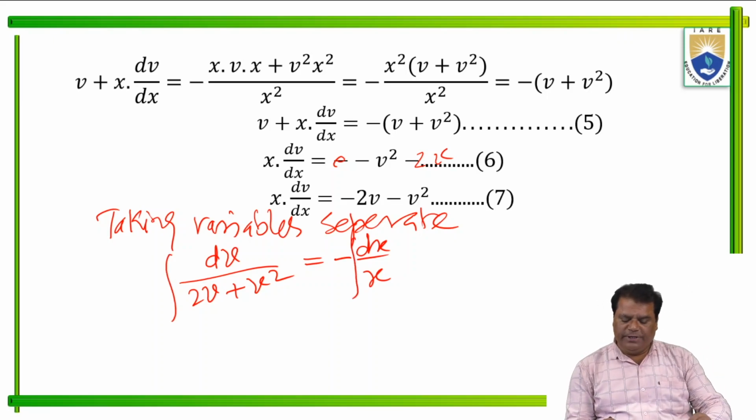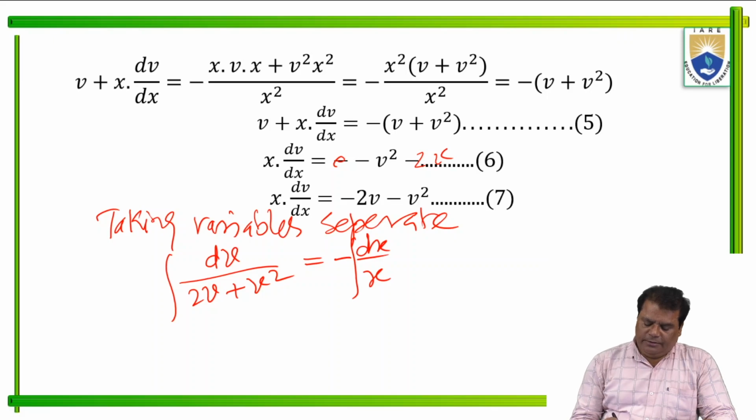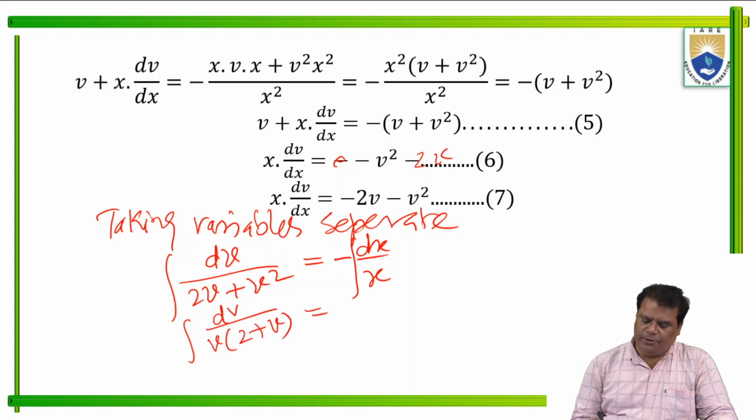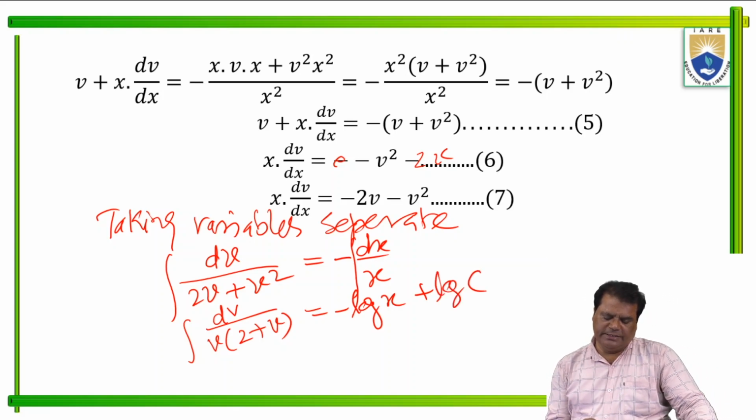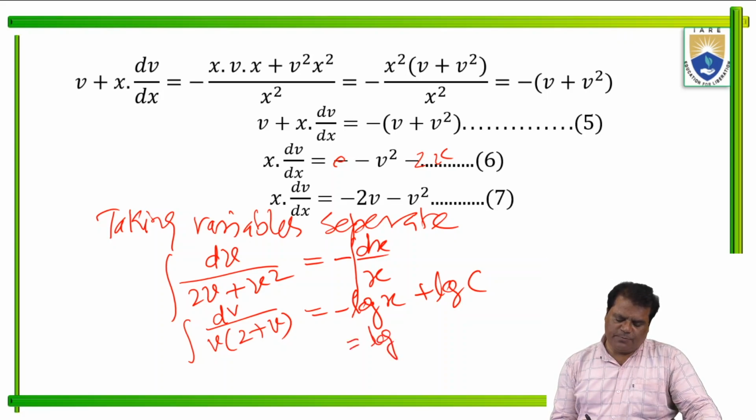So now how can we integrate this? So this result is dv upon v, where v is common, 2 plus v, and equal to minus log x plus log c. This integration of 1 upon x is log x, and plus log c. We write here log c upon x.